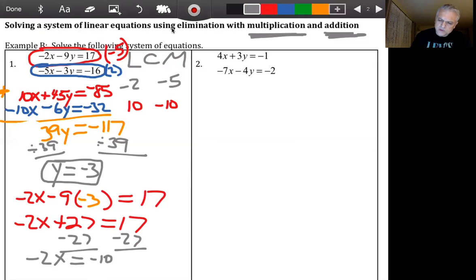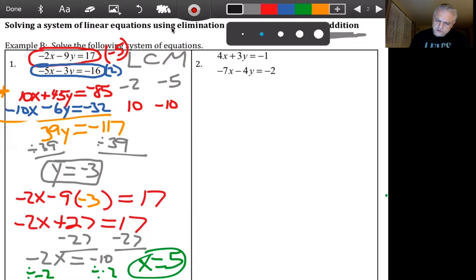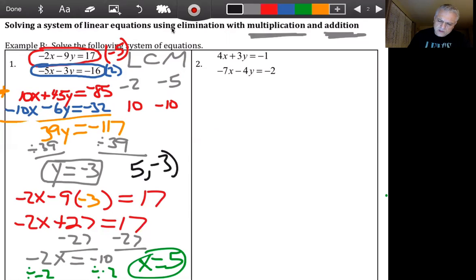So if we divide both sides by negative 2, okay, you've got x equals negative 10 divided by negative 2, which is 5. So that tells me that my answer should be 5, comma, negative 3. So if we graphed the two original linear equations on a graphing calculator, they would intersect at 5, negative 3.